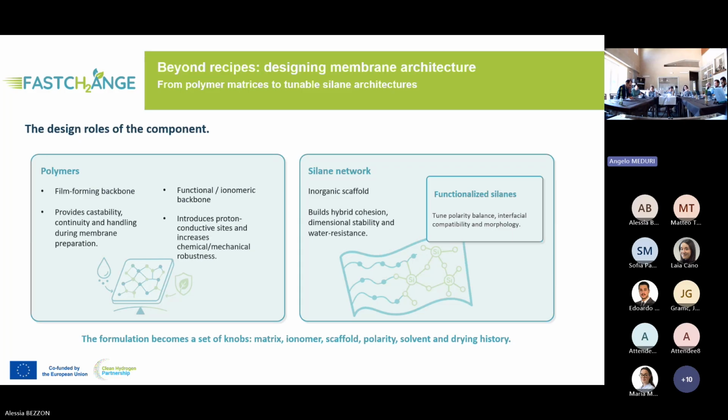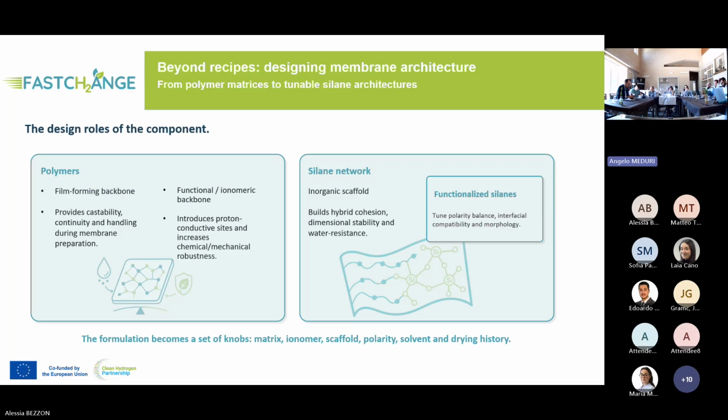The role of the polymers is to provide a backbone, to improve the testability and the handling of the membranes during the separation phase, to introduce conductivity characteristics, and to increase the chemical and mechanical resistance.